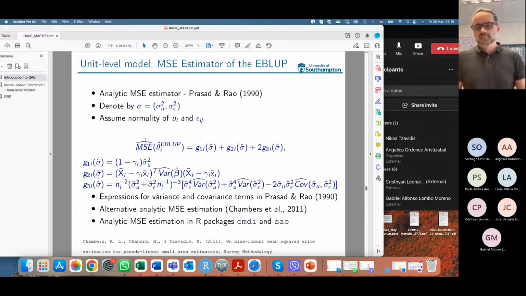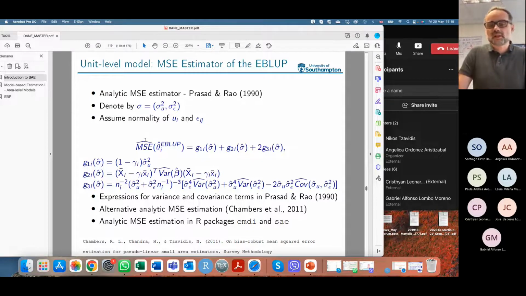And as with the area level models, there are both analytical and computer intensive methods to do that. And for simple statistics like small area means and so on, there are analytical estimators that are working very well.